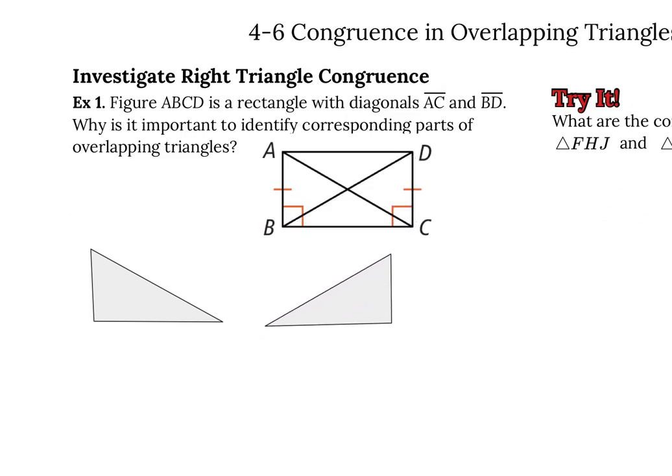Not 100% perfect, but it'll give us the idea. Then we'll mark our congruency. So this is congruent, congruent, congruent. This is 90, 90. And then I also know that BC would equal BC. So this is congruent to this.